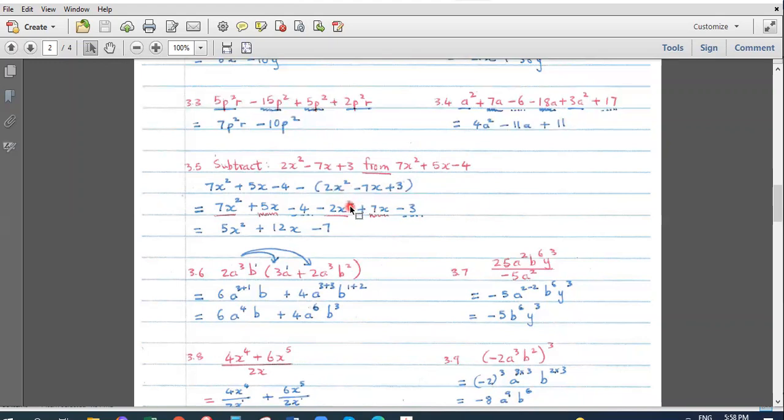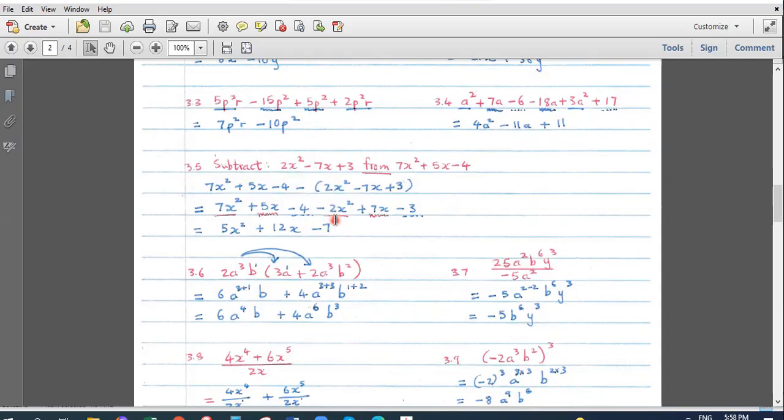Now, because you're subtracting the entire expression, we need to put in brackets because we're subtracting each of these terms. So this is 7x squared plus 5x minus 4. And brackets also mean multiplication. So you're going to multiply each term with a negative sign. So negative times positive is negative 2x squared.